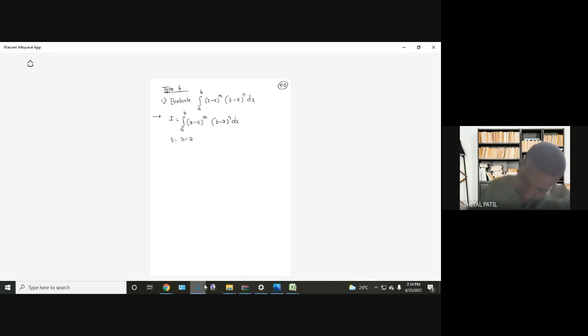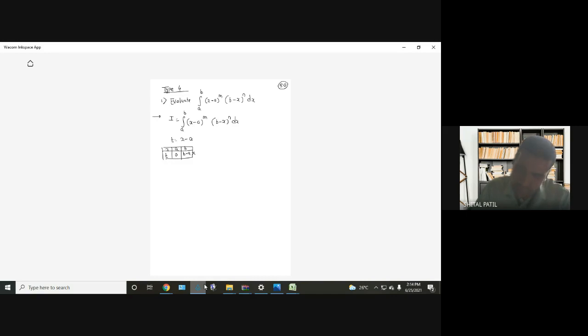Then see how the limits will change. Limits of x are a and b. Limits of t will be: substitute x equal to a, a minus a is 0. Then x equal to b, so we are getting b minus a.